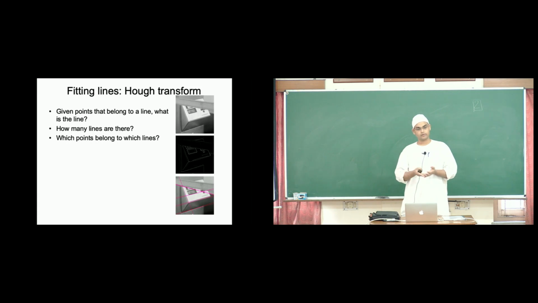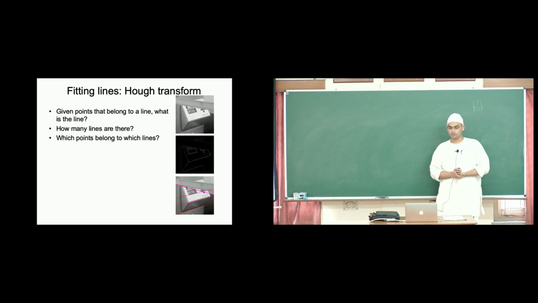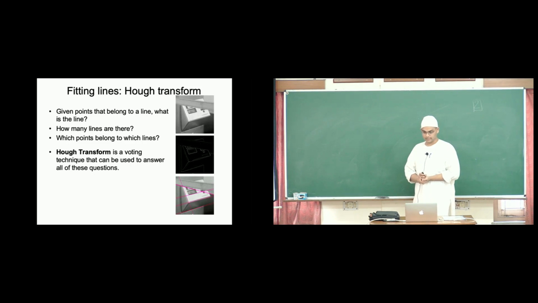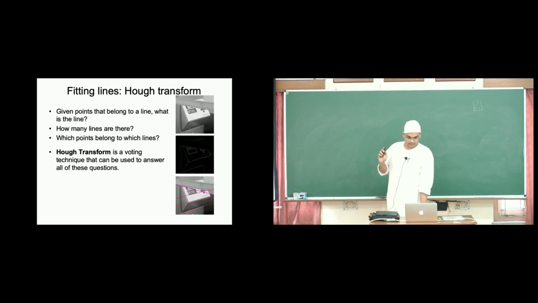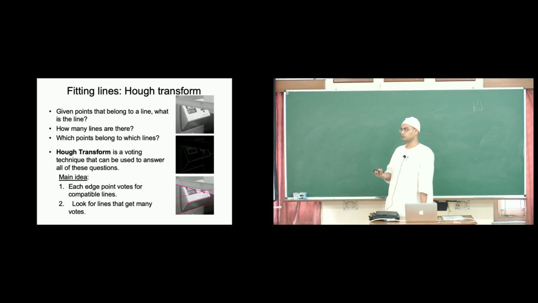But based on the other points, I am just going to find some line. So for finding all those things, Hough transform would be used, and how does Hough transform work? The idea here is each point is going to give its vote for all the compatible lines, and then I am going to get the one with the most votes. Okay. But the example will make it clear.